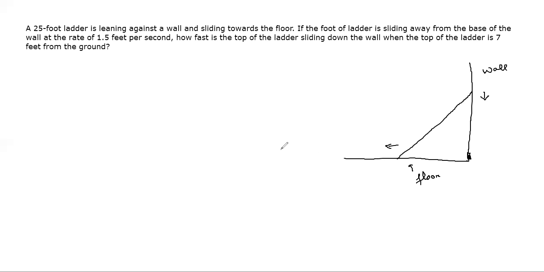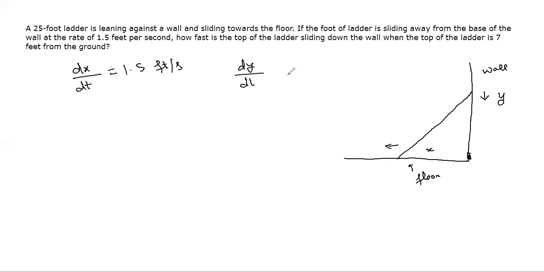The rate at which it is sliding away is given as 1.5 feet per second. Let's say the height is represented by y and the distance along the floor is x. So dx by dt is 1.5 feet per second.